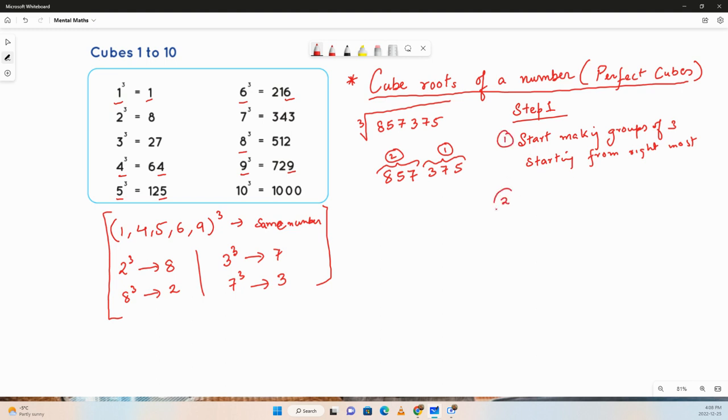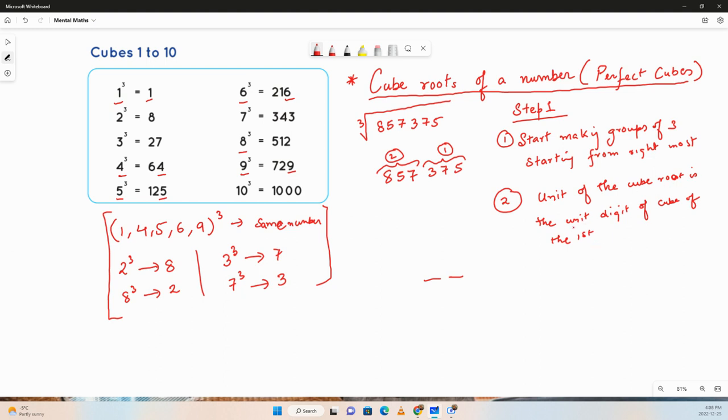What is step 2? Step 2 is finding the unit digit of the cube root. The unit digit of the cube root is the unit digit of the cube of the first group's unit digit.